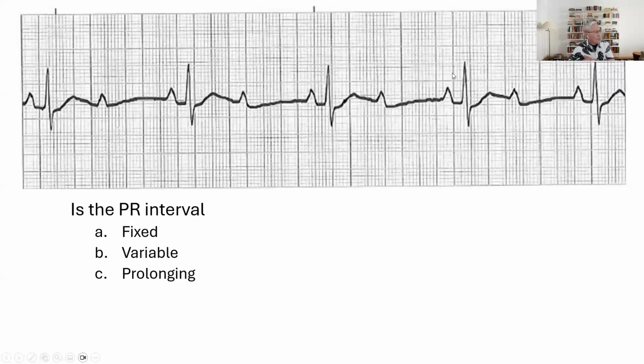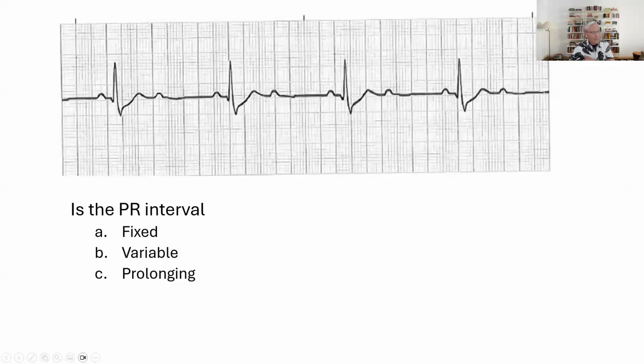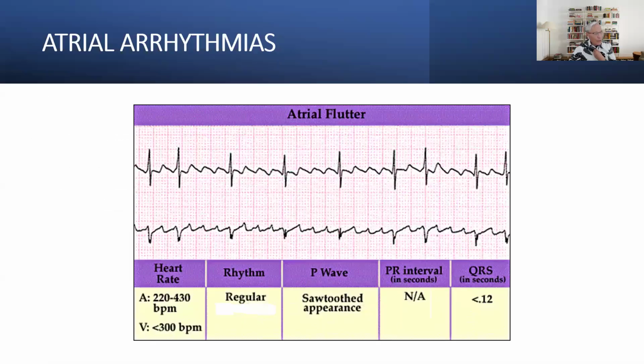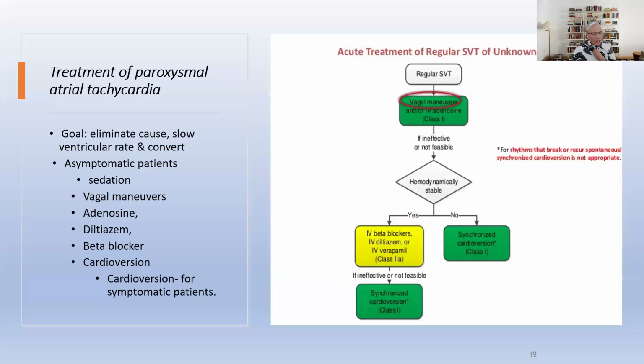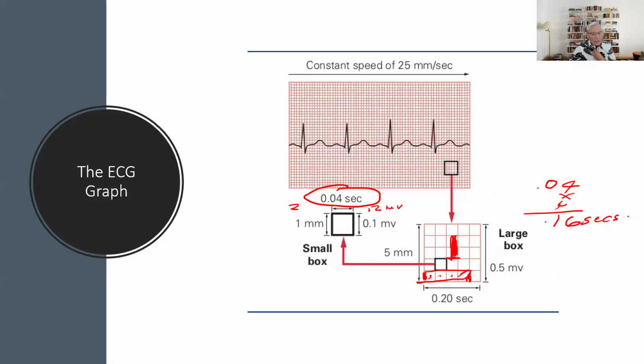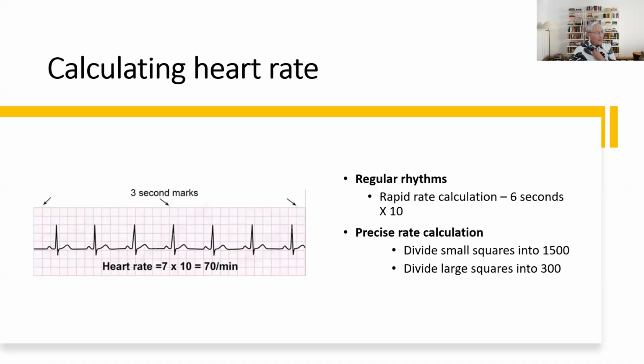So this is 1, 2, 3, 4. 40. Very good. So for the purpose of NCLEX, a rapid way to calculate heart rate is to look at the 6-second mark and then multiply it by 10.